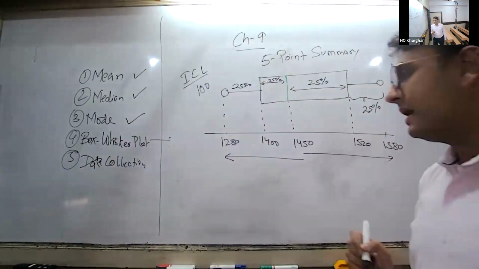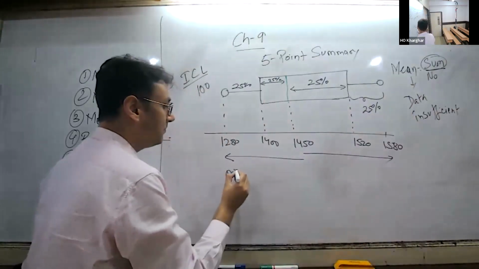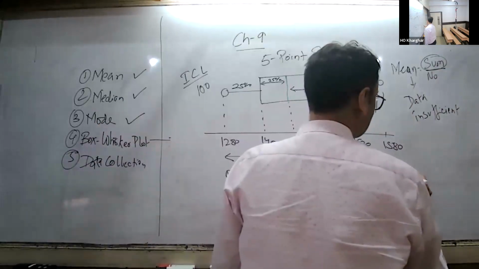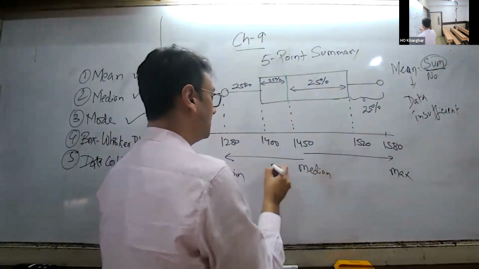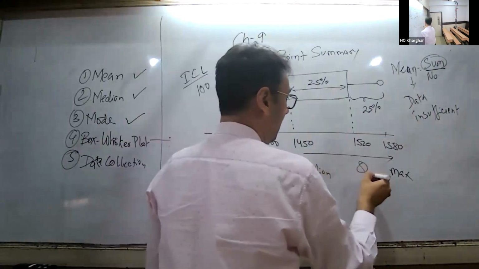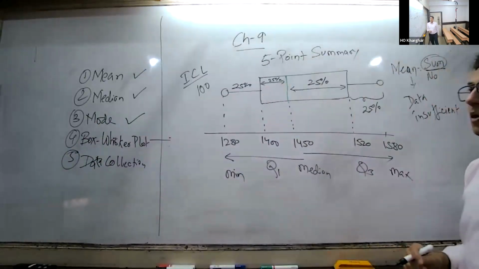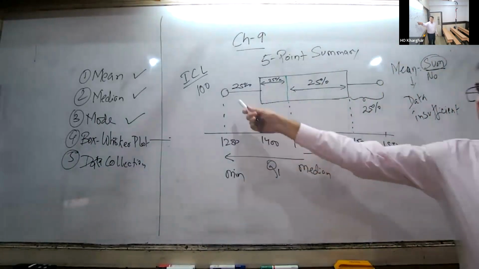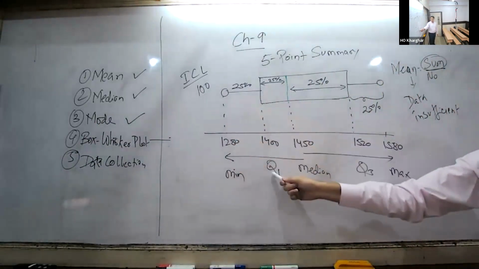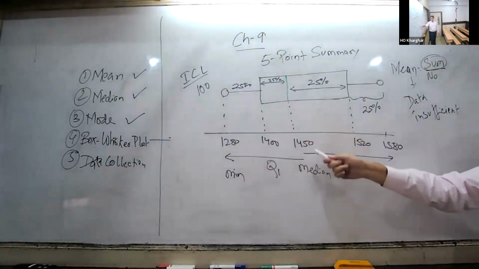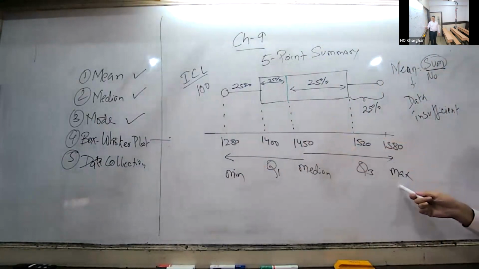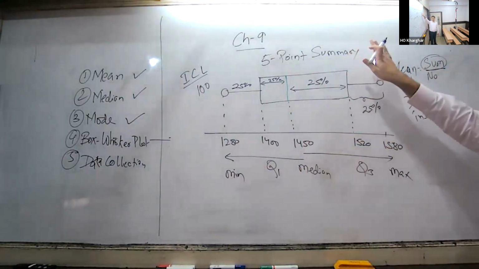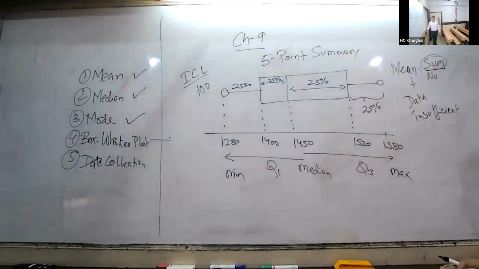They will give you the min, the Q1, the median as the middlemost value, Q3, and the max.